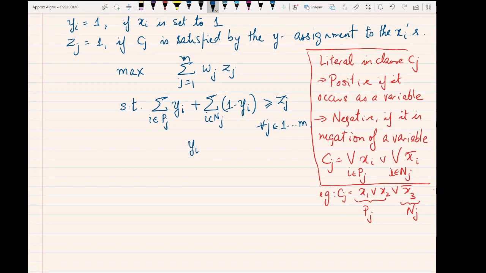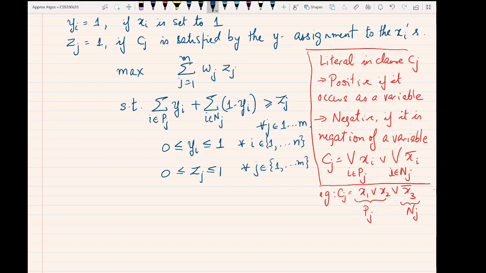Now we of course want yi lies between 0 and 1 and Zj lies between 0 and 1. This holds for all i and this holds for all j. Okay, so I hope the linear programming relaxation is clear.